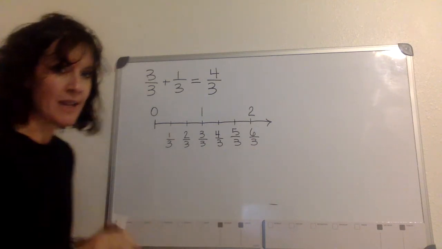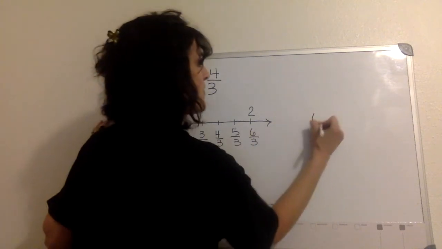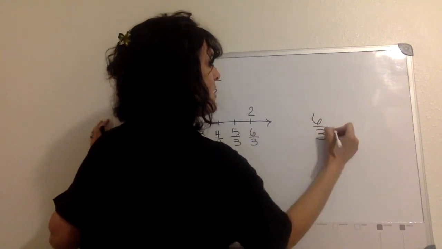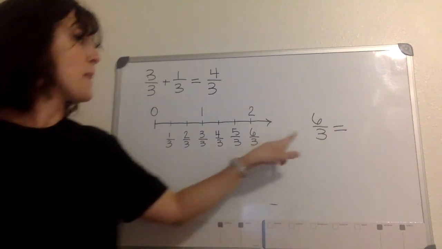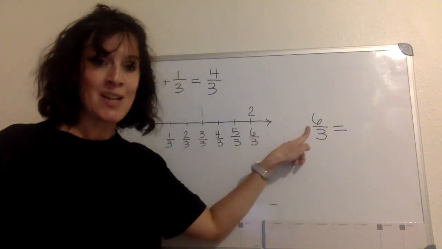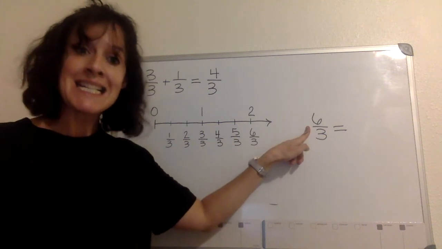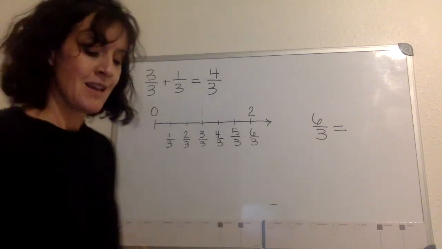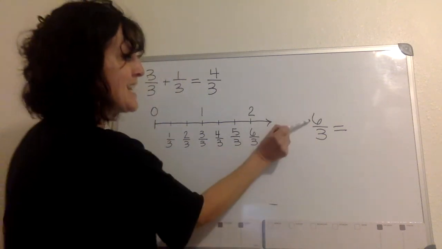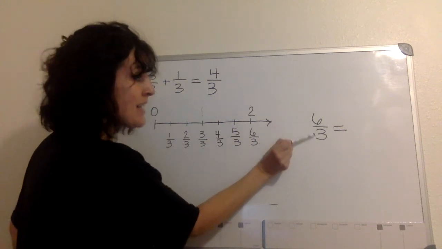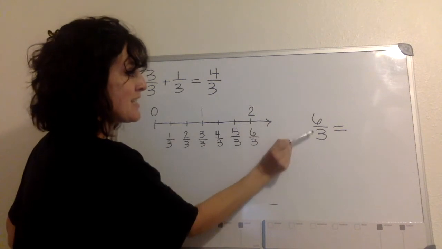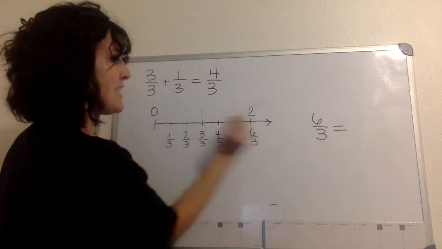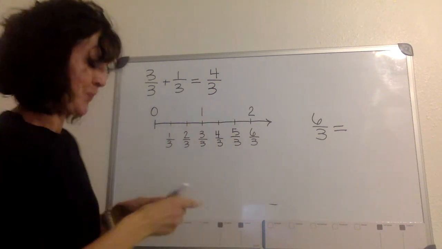Let me show you a trick. When you get into upper math, this sign is not only a fraction sign, it's a division sign. Guys, what is 6 divided by 3? 6 divided by 3 is 2.